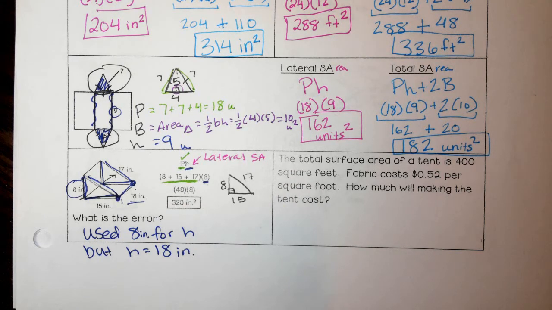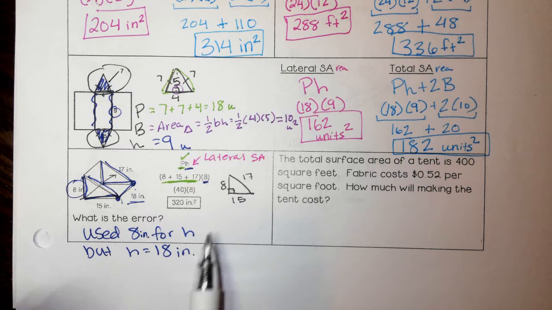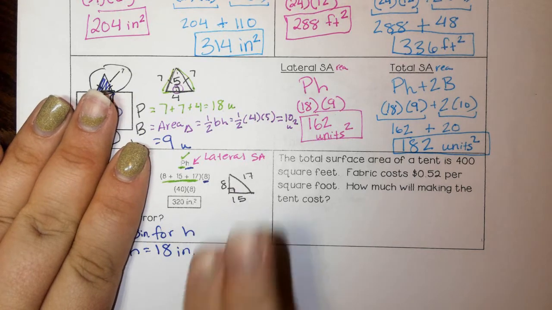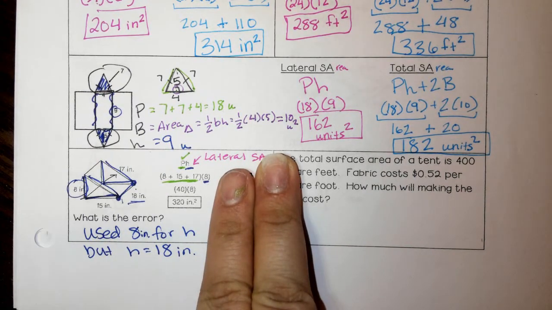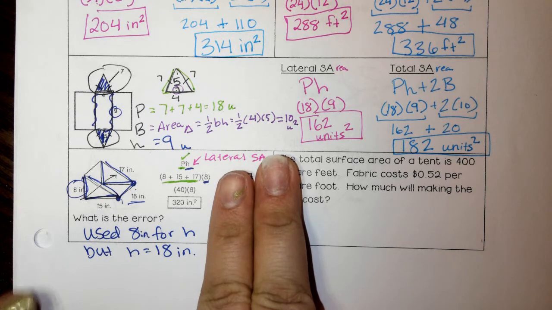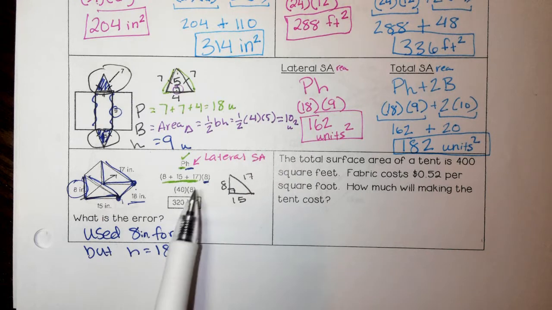So that is something that you do want to be very aware of as you're working this out, and that's why I really recommend that you redraw the base, cover up the prism, and then cover up the base and look at your two bases here to see how they're connected, what length they're connected by. That way you keep all of your numbers straight and you don't make this error.